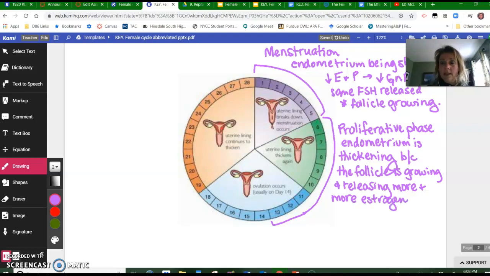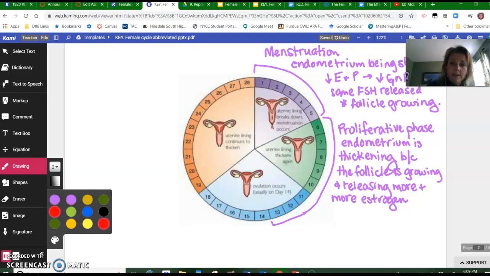And remember that it's the estrogen that is going to cause the thickening of the endometrium. And that's going to continue to happen until day 14.